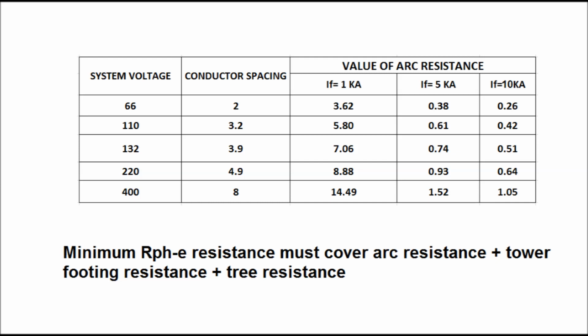Now what is the value of the arc resistance if the fault current is 1 kiloampere, 5 kiloampere and 10 kiloampere? Fault current is a variable quantity.